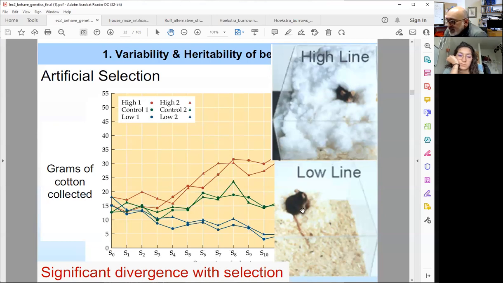So what does this mean? This means that this nest material gathering behavior is heritable. That is, there is an underlying genetic variation associated with this behavioral trait.